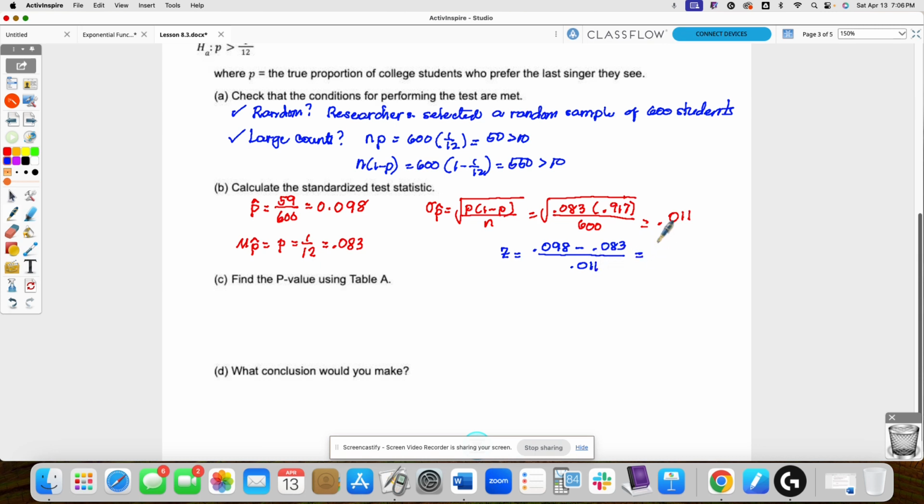So 0.098 minus 0.083 divided by 0.011 is equal to 1.36.